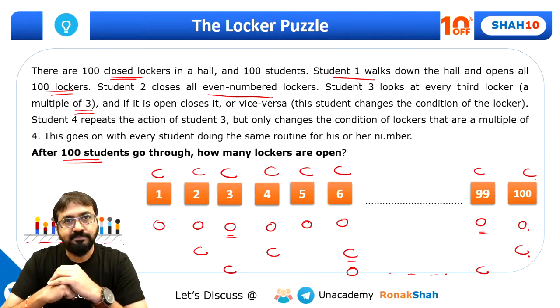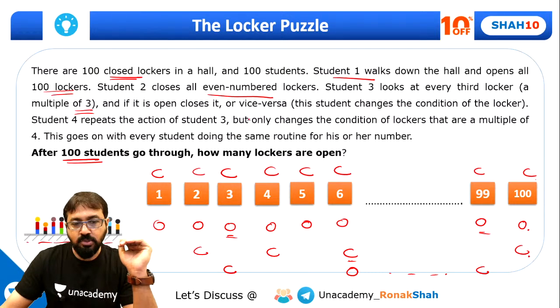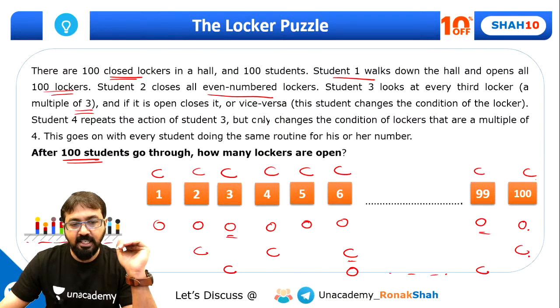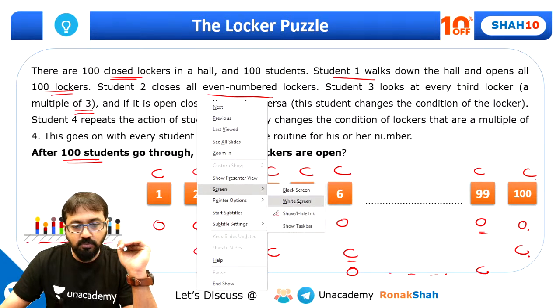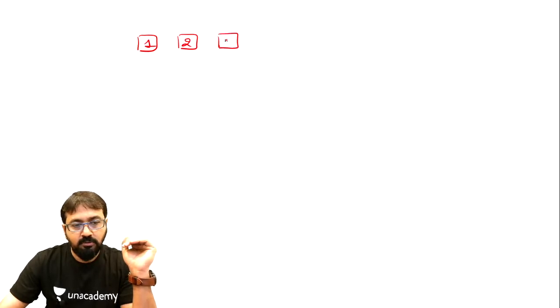Do it that way. The best way to think about this puzzle is to assume that there are only 10 lockers: 1, 2, 3, 4, 5, 6 up to 10.